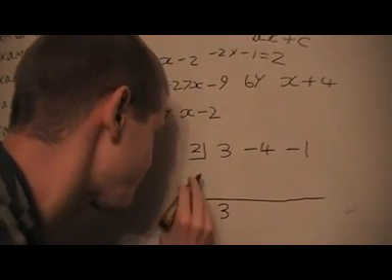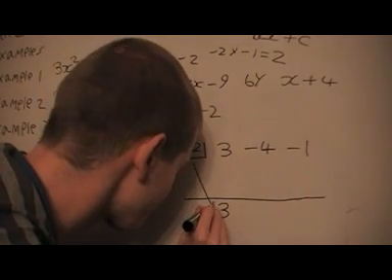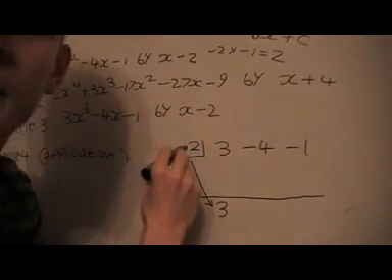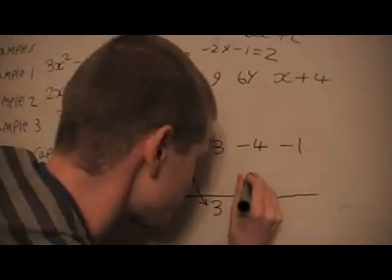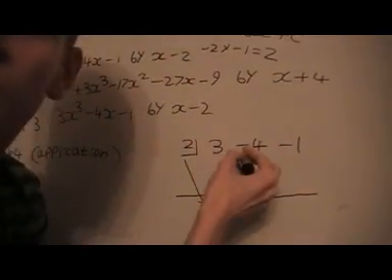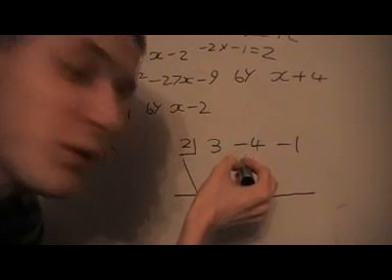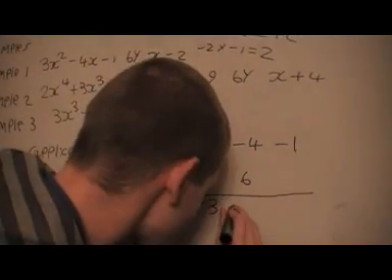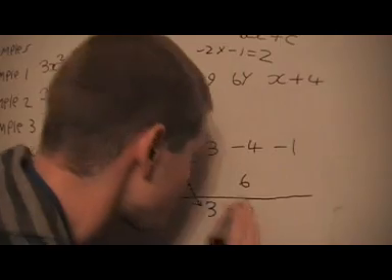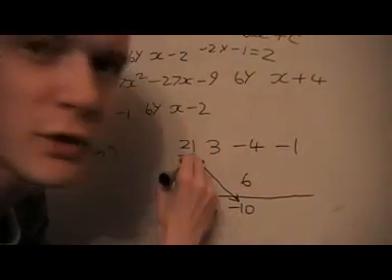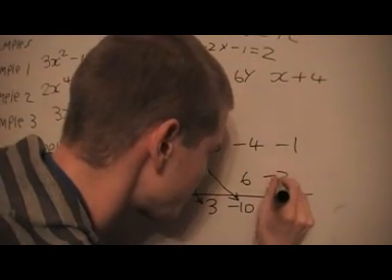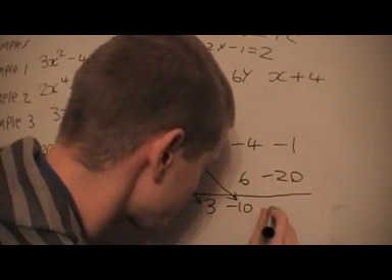And after that, we'll multiply these two numbers here, this 2 by 3 here, which is 6. And we'll take that away from minus 4, and that'll give us minus 10. And then we'll do the same again with this one here now. Multiply this, so that's minus 20. Subtract that, I get minus 21.